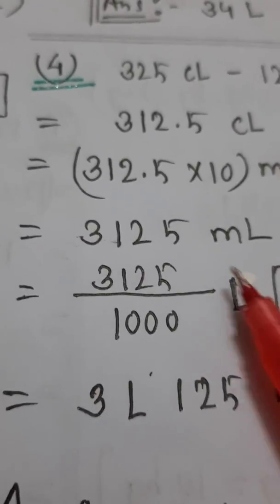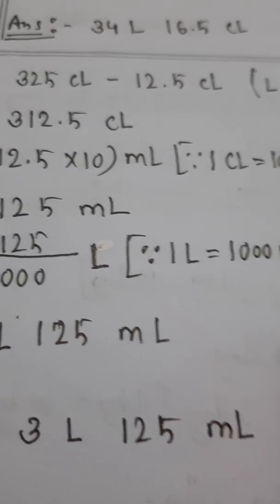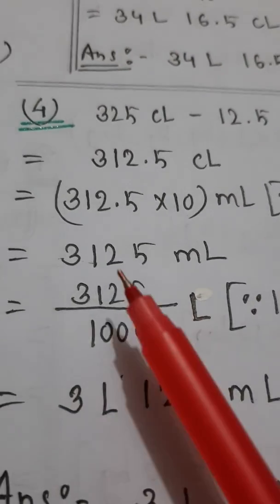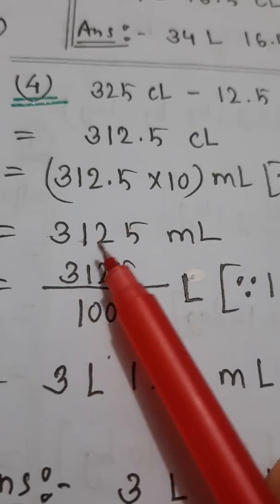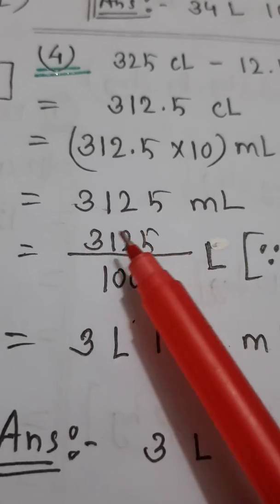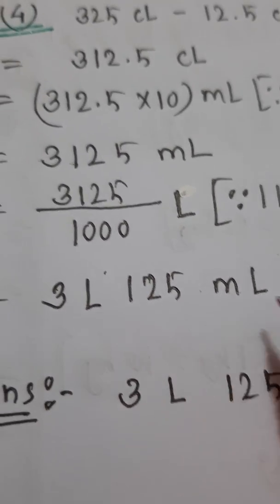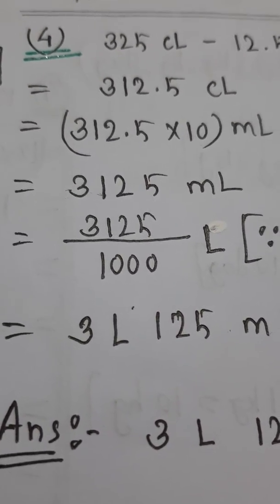Now we express it in liter. We know 1 liter equals 1000 milliliter. So 3125 milliliter divided by 1000, we get 3 liter and 125 milliliter.